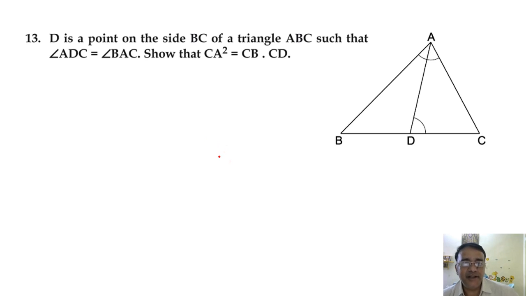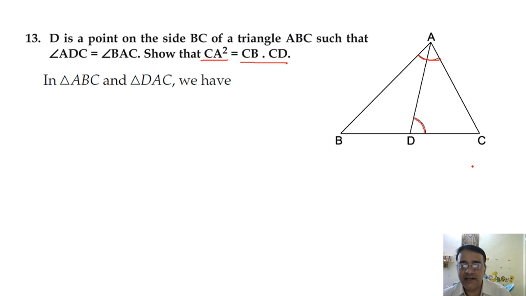D is a point on the side BC of a triangle ABC such that angle ADC, this complete angle, is equals to angle BAC. Show that CA square is equals to CB into CD. So what we will do, we will prove these two triangles ADC and the full triangle are similar.